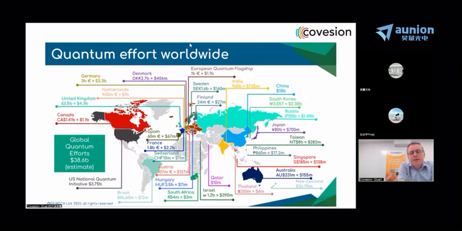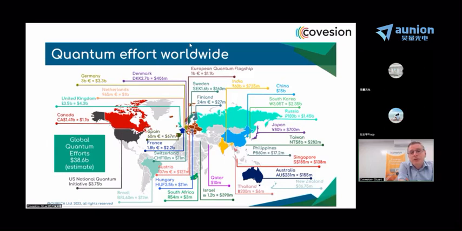It's estimated that currently the world total in quantum investment is something close to $40 billion. So there is an enormous amount of money being invested in new quantum technologies. And that investment here is only the investment that is coming from public entities, so that would be government investment into universities and research labs.